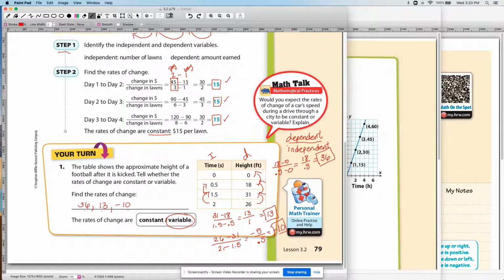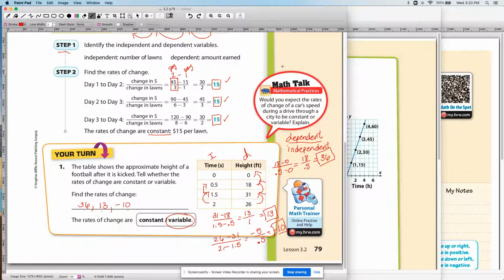And I want to look at this math talk question. It says, would you expect the rates of change of a car's speed through a city to be constant or variable? Okay, so a car is driving through town or through a city. Maybe it's a big city or maybe it's just through our small towns.